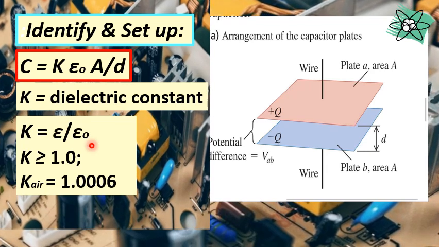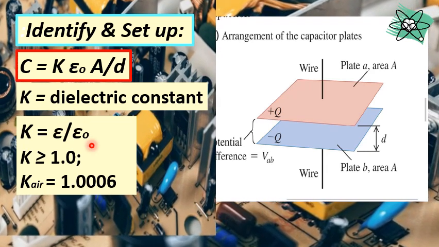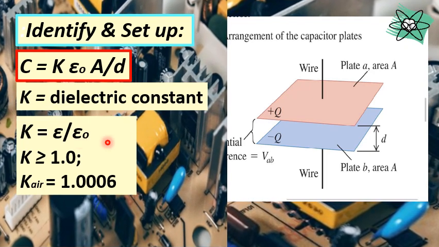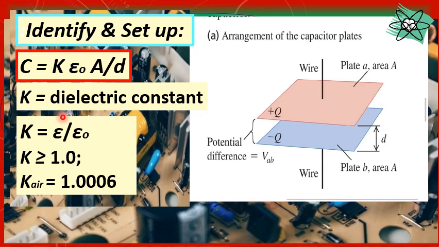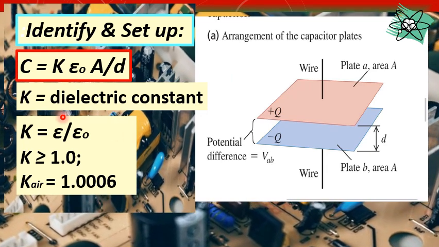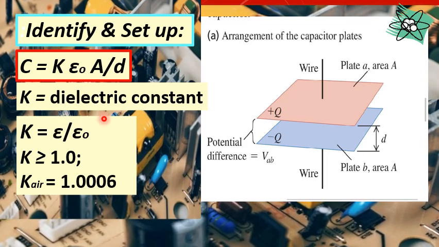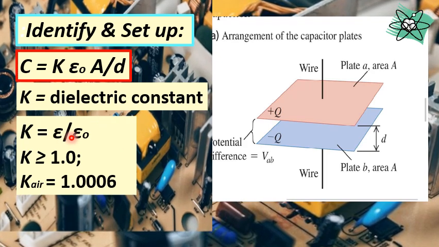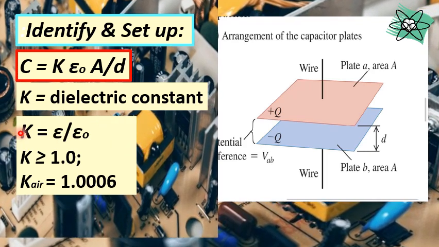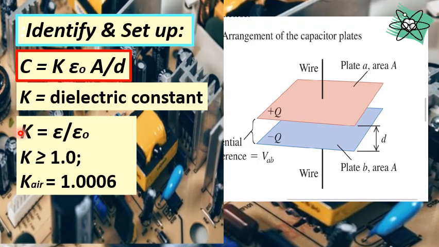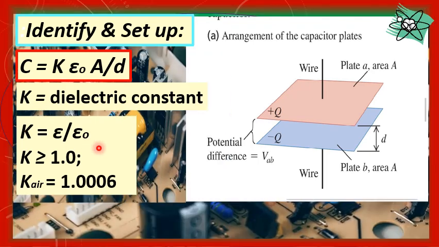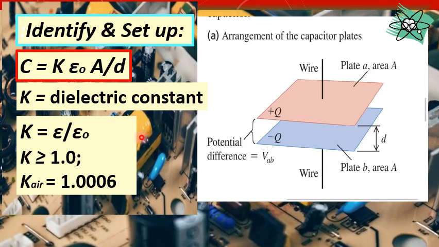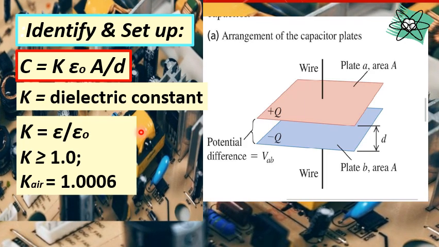Epsilon is the permittivity of the given dielectric material, while epsilon naught is called the permittivity of free space or a vacuum. So, since it is a ratio of two values of permittivities, kappa is in fact a dimensionless or unitless constant.